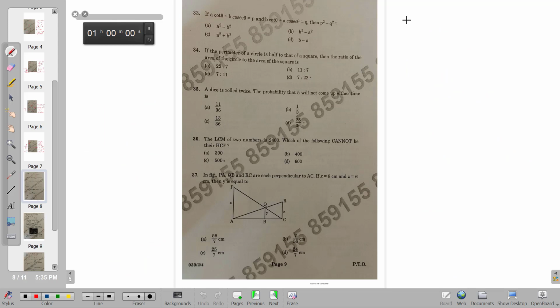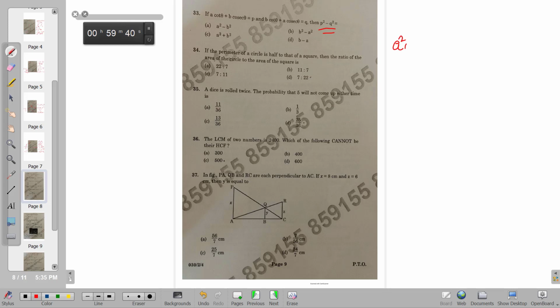33rd. A cot theta plus B cosec theta is equal to P. B cot theta plus A cosec theta is equal to Q. What is P square minus Q square? You can do this, no? You can directly square P and square Q and then subtract.